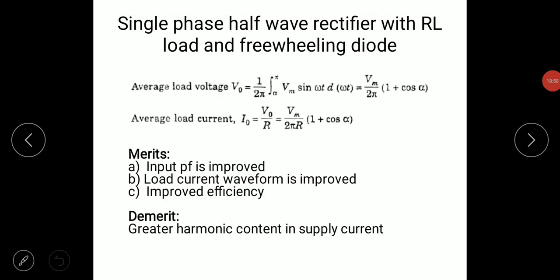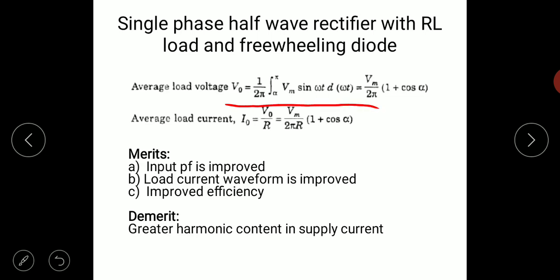Now, as we have seen earlier, in our half wave rectifiers or whatever rectifier, we always analyze for average value of load voltage and load current. What will be the average load voltage?